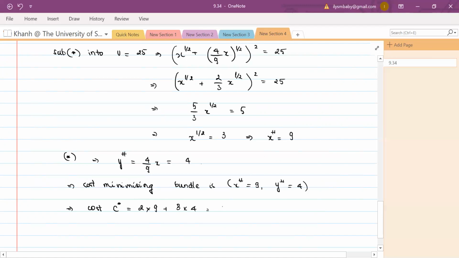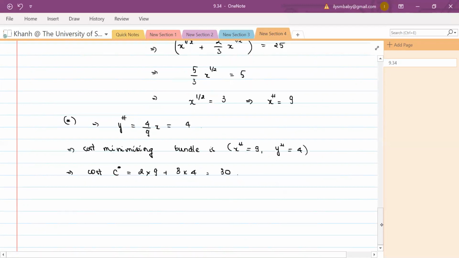So it's equal to 30, which is just the income that we had for the consumer earlier. As you can see, these two problems are basically the same as far as the optimal bundle.